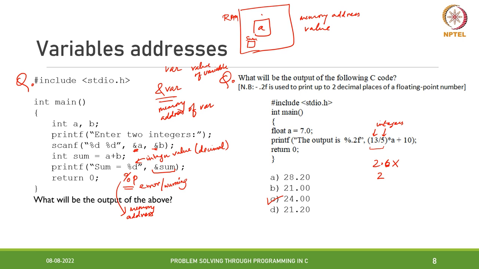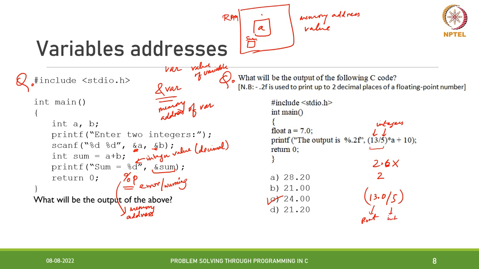I'll explain it again. Here 13 and 5 both we have written as integers. If you had written 13.0 by 5, the answer would have been 28.2, because this would no longer be an integer, it would have become a float.